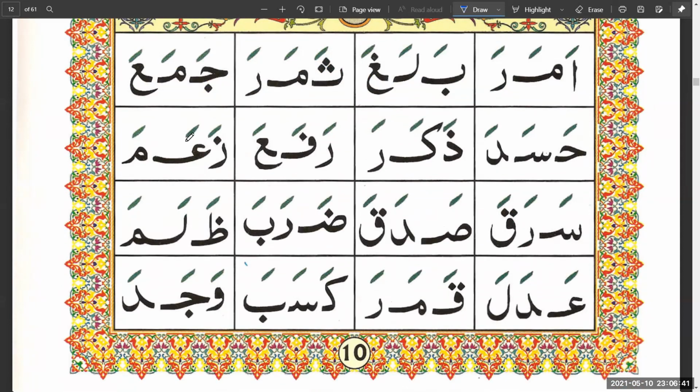So all of these words have a fatha, so they're all going to make the "a" sound. Let's go through each line together, and I want you to repeat after me. Feel free to pause and rewind, so that you can get a feel for starting to read Arabic words.